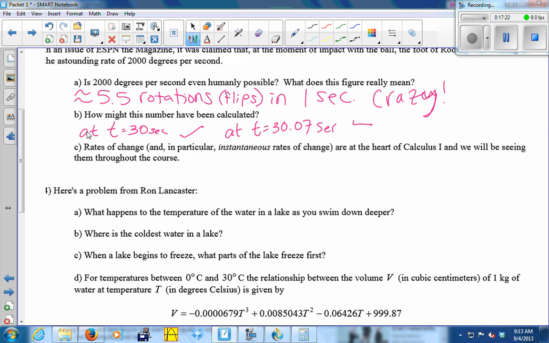And then we would look at the difference. We went from here to here, measured this angle, get the change in the angle divided by the change in time. Change in theta divided by change in time would have to come out to 2,000 degrees per second.